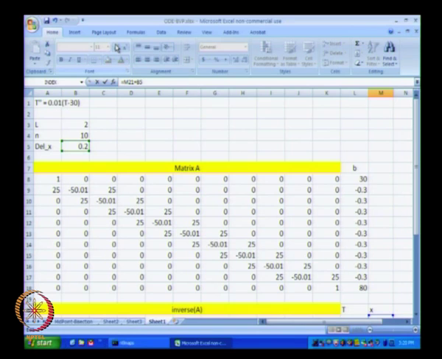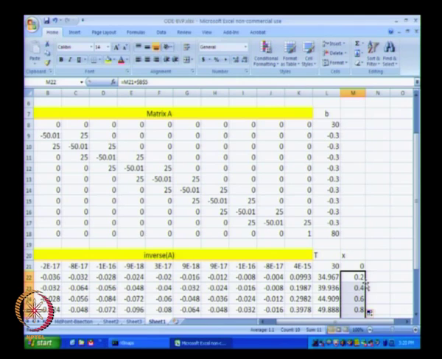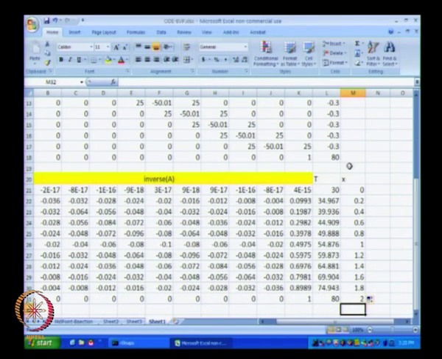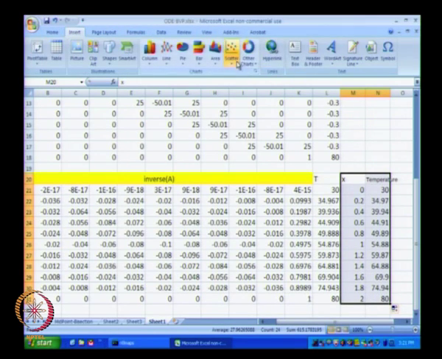I will press F2, put dollar signs, and that should do the trick, and I will copy paste it. So, this is our x, and the temperature I will copy again, so that I can plot it easily. Temperature equal to this guy, and we will plot temperature against x by going to insert and inserting a scatter plot.